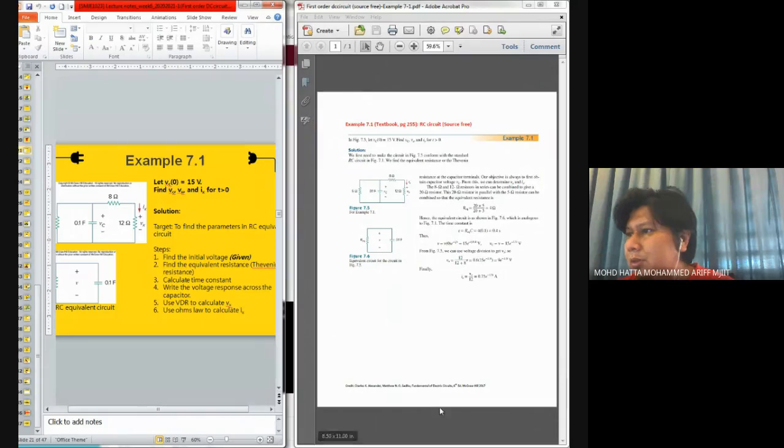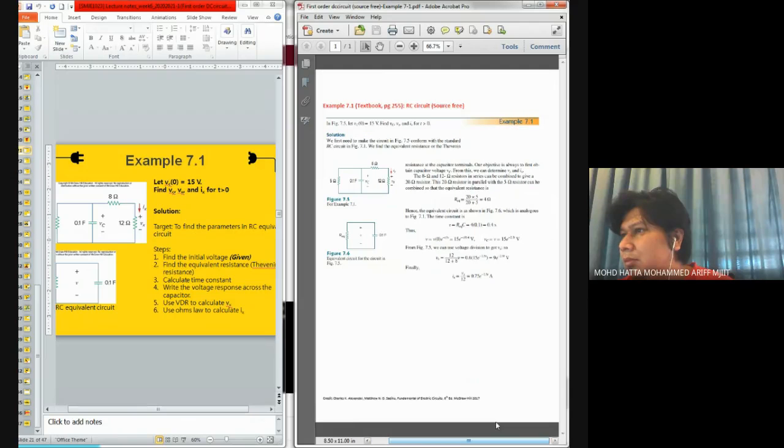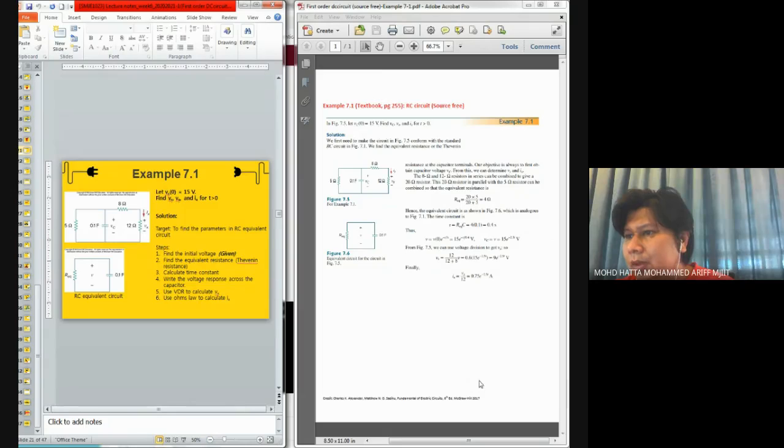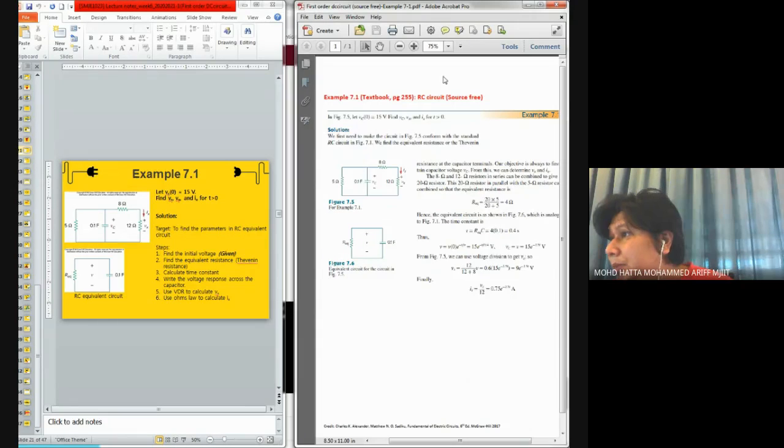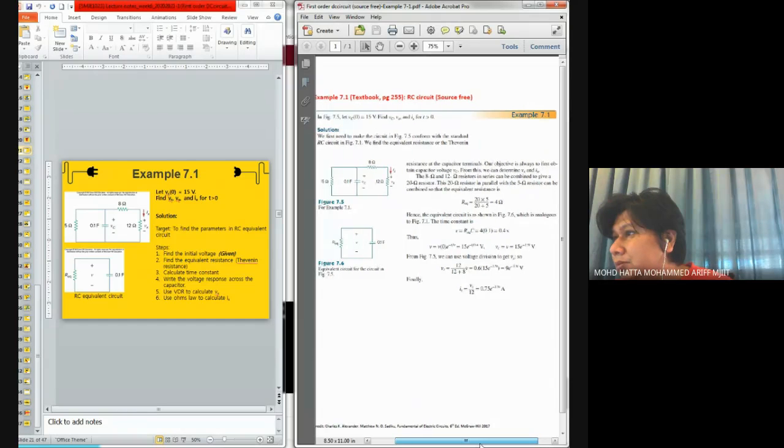Can you see both papers that are presented here? Yes, it looks a bit small, I think.